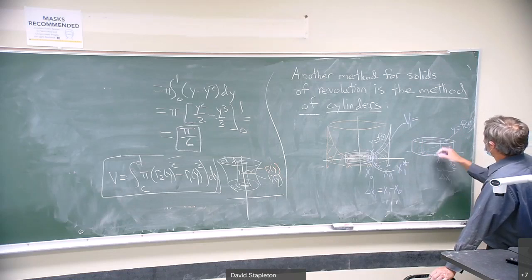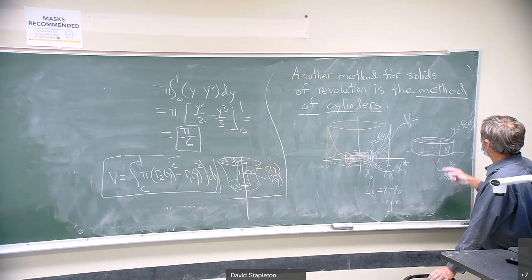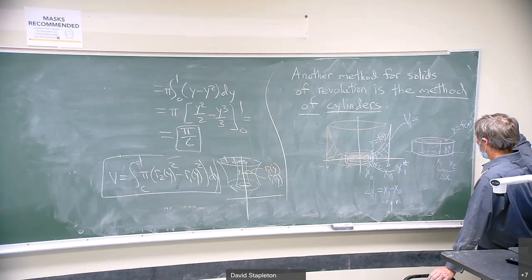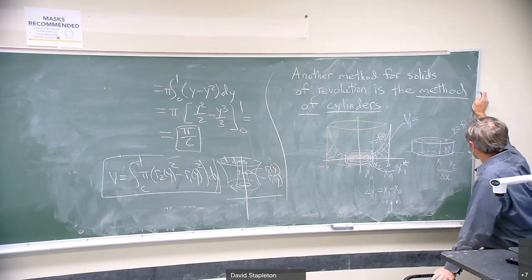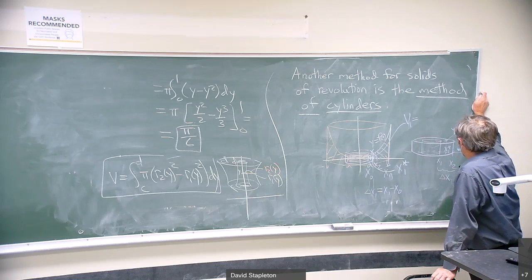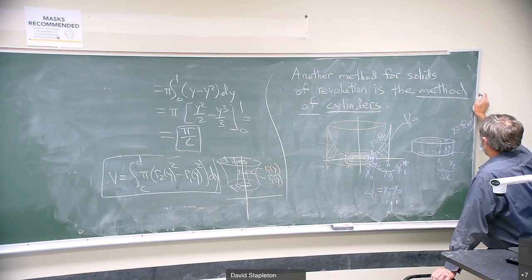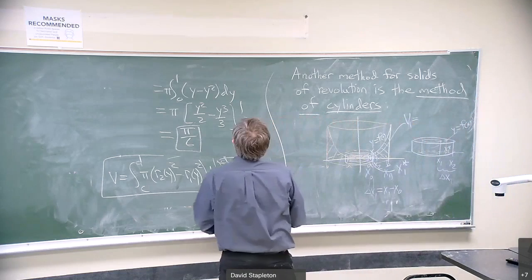So that's the thickness. Then the volume of this thing is the area of this washer. It's room here, unfortunately.